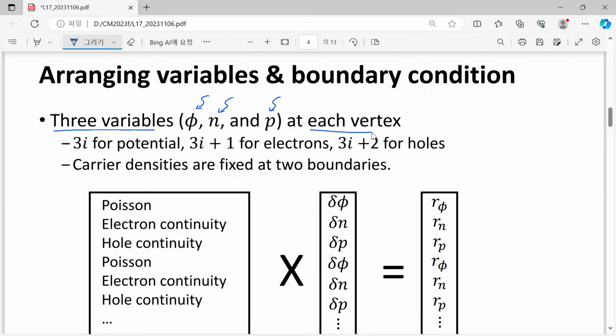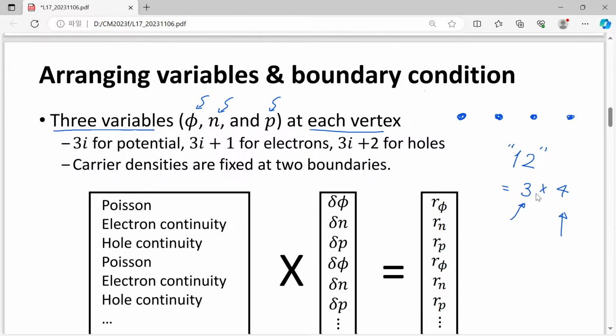If we have, for example, 4 points, then we need 12 unknown variables. Why 12? This is simply 3 times 4, the number of vertices, and 3 is the number of unknown variables per vertex.